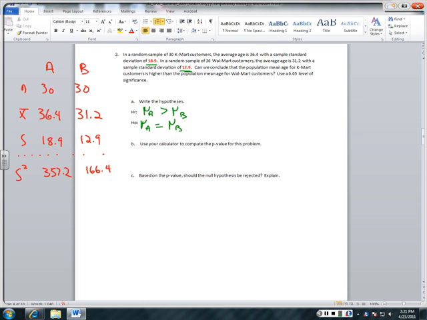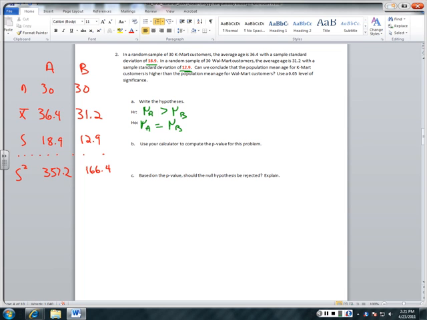Stat, test, 2-sample t-test, and then just enter in the means. The mean 36.4, standard deviation 18.9, that's out of 30. Select greater than.